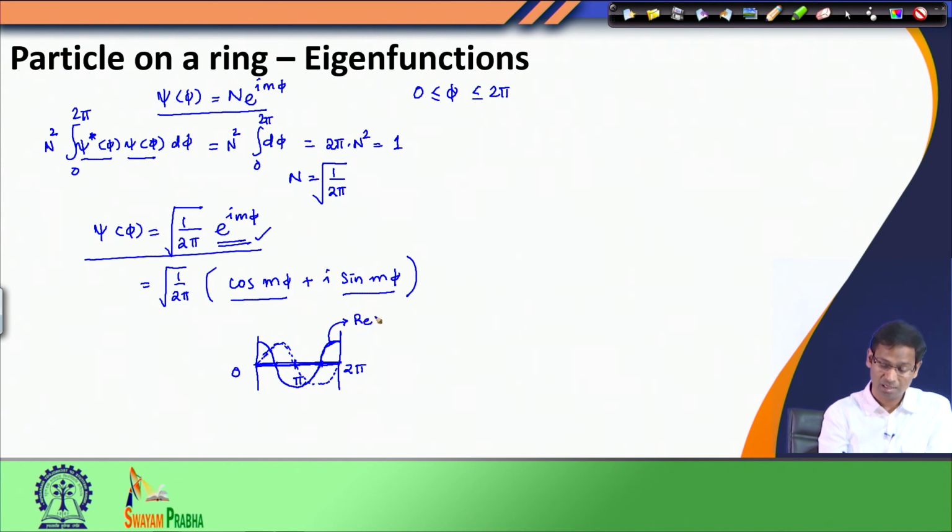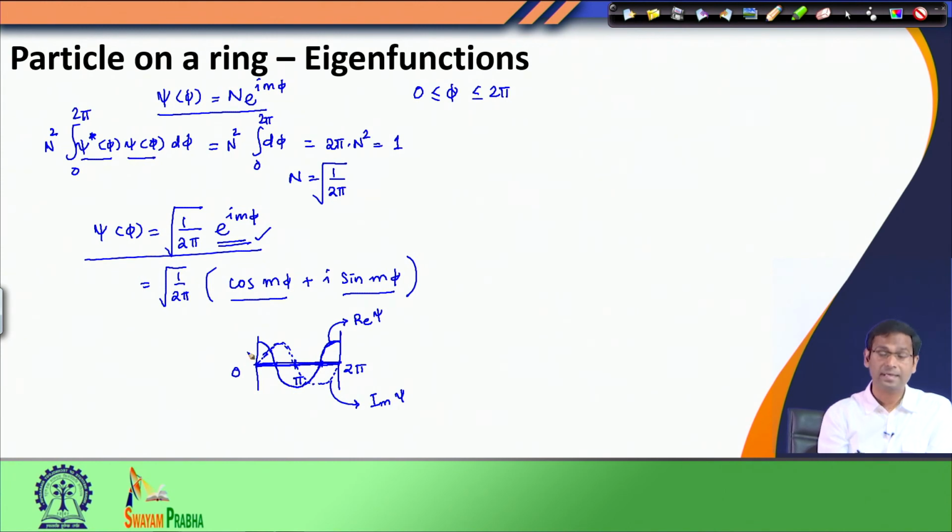This is the real component of the psi and this is the imaginary component of the psi, the eigenfunction. You see the real and the imaginary components of the wave function have a phase of pi by 2 between them. What you also notice is that where the imaginary part is 0, the real part attains its maximum amplitude.